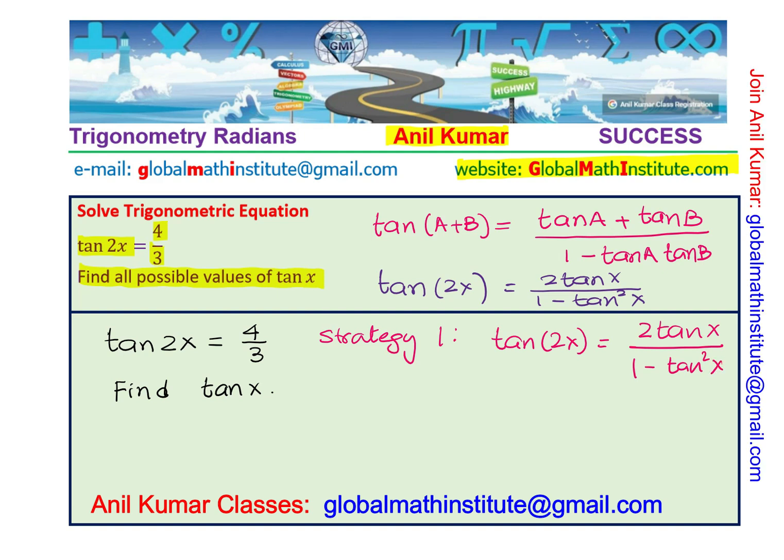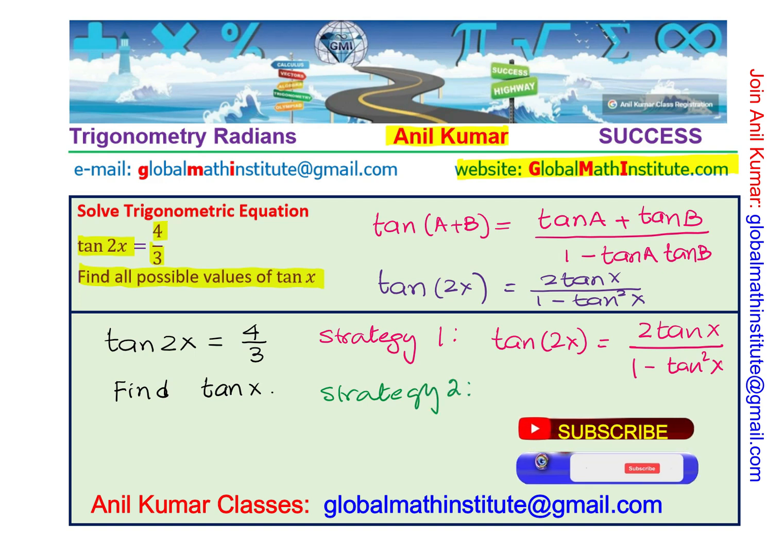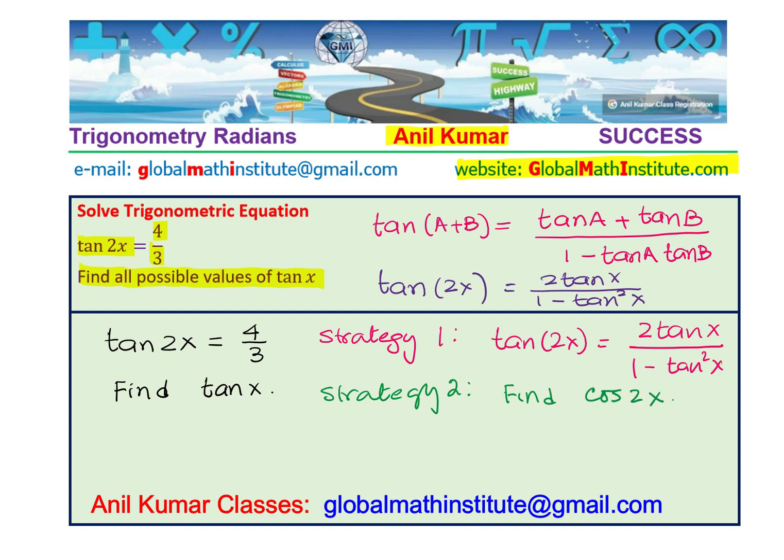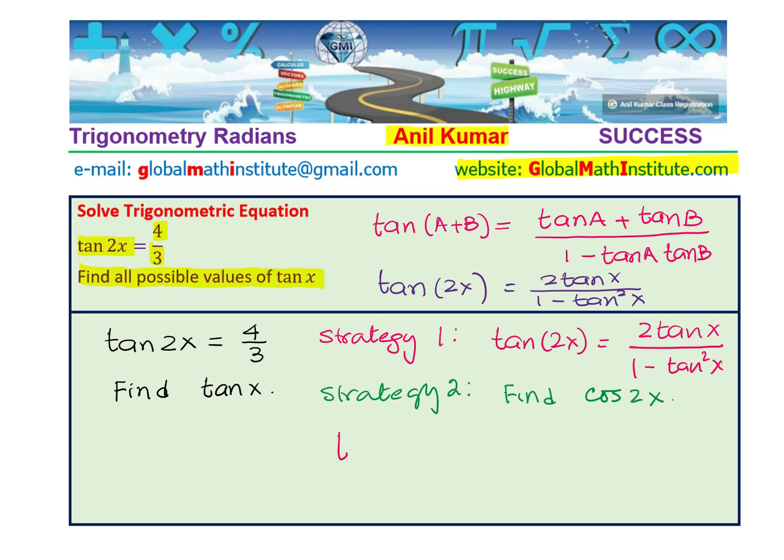Now let me also discuss with you strategy 2. In strategy 2, what we can do is we can find cos 2x and then we can say tan x is equal to plus or minus square root of 1 minus cos 2x over 1 plus cos 2x.